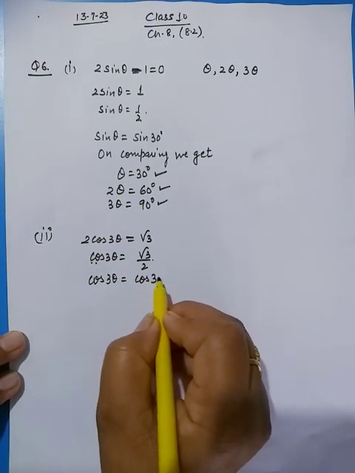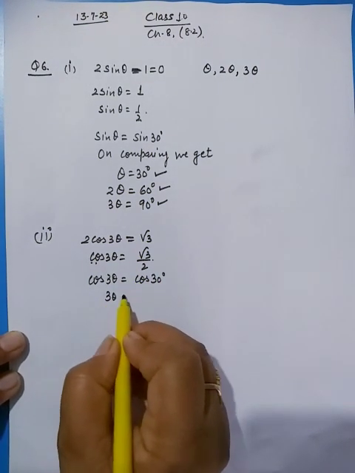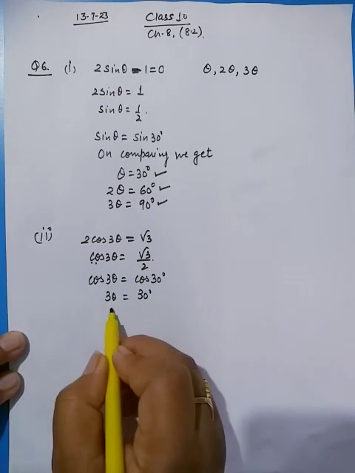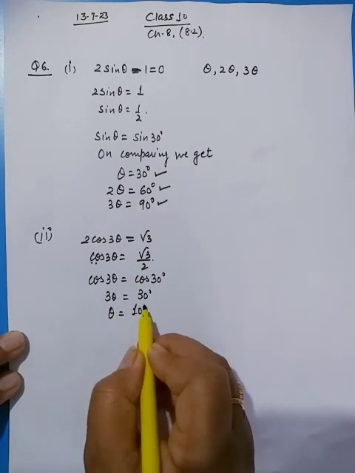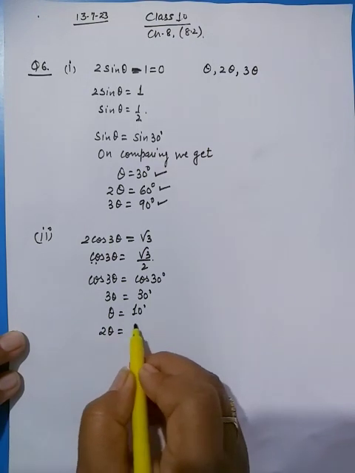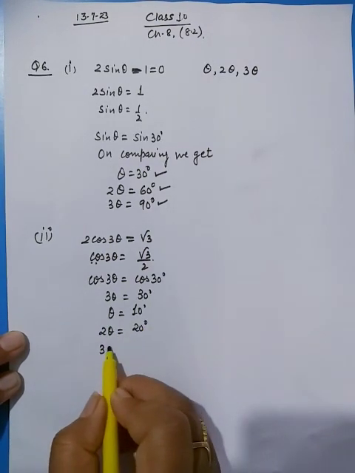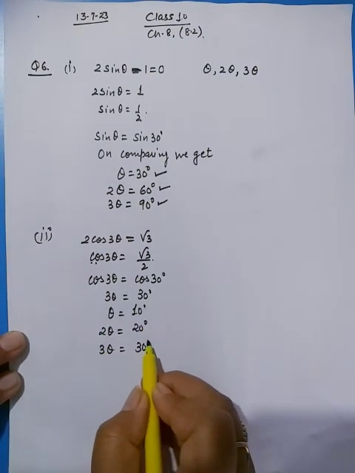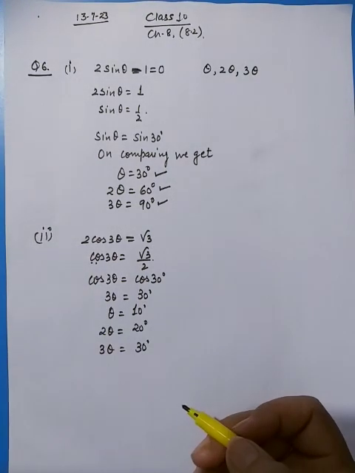So 3 theta will be 30 degree, theta will be 10 degree. So 2 theta will be 20 degree and 3 theta will be 30 degree. Similarly, we can solve the remaining part of this question.